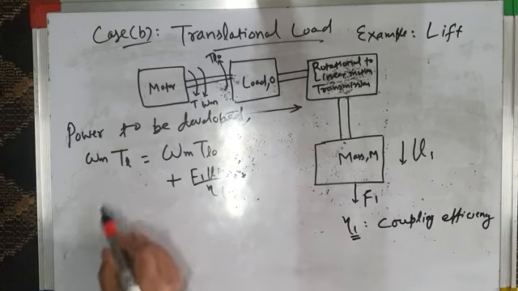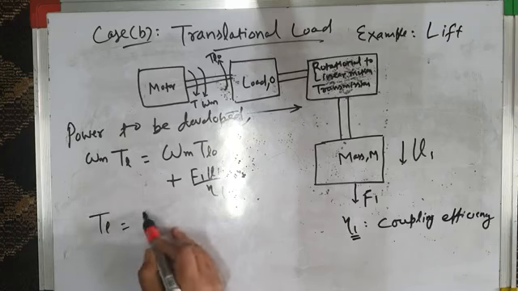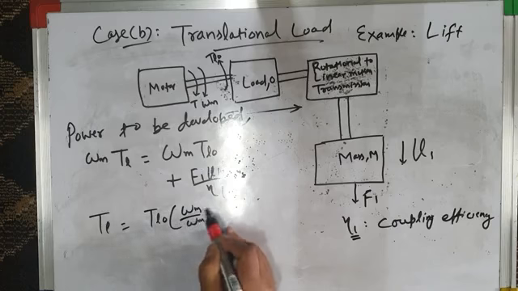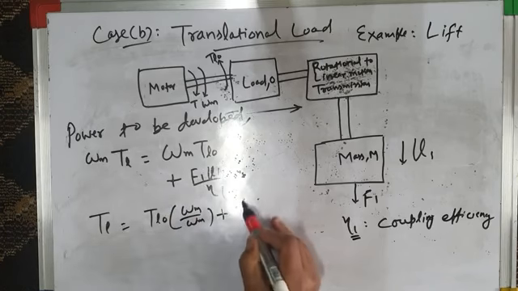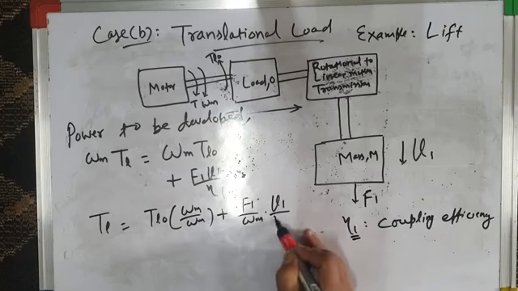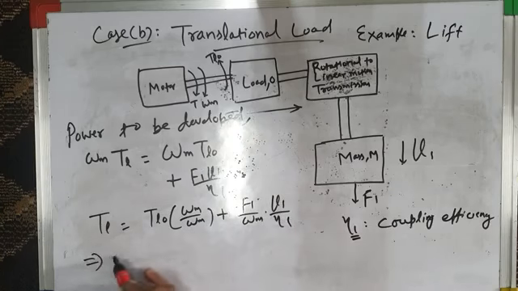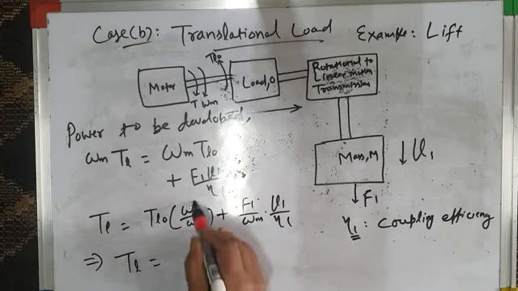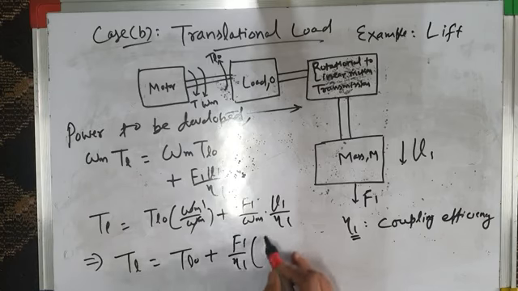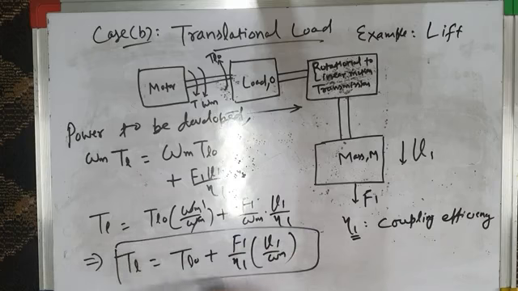So from this we can find the total load torque TL equal to TL naught into omega m divided by omega m, this omega m will get divided, plus F1 by omega m into V1 by eta 1. So this will give the total load torque. TL is equal to TL naught plus F1 by eta 1 into V1 by omega m. So this is the total load torque.